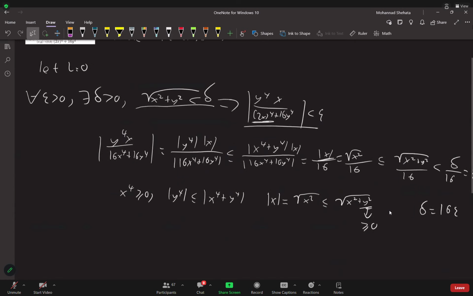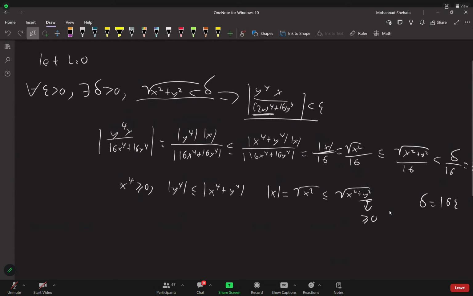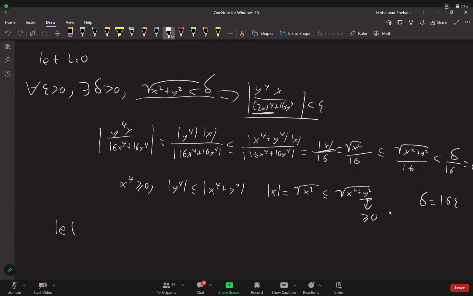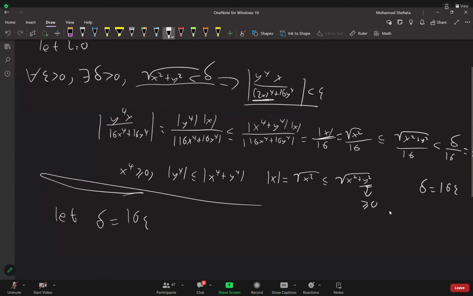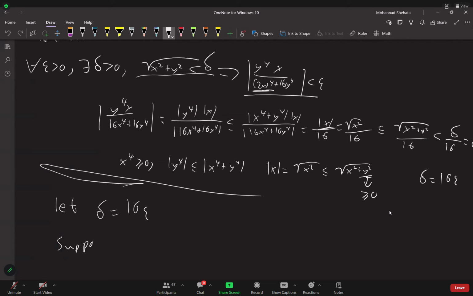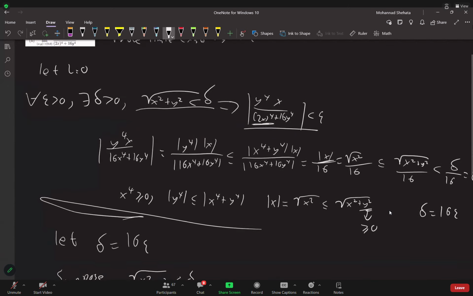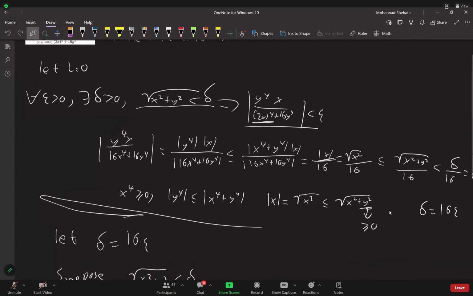Now, this is the aside. How you'd go over your proof would be to say, after you do this aside, that delta is equal to 16 epsilon, and suppose the square root of x squared plus y squared is less than delta, and you largely do the same exact steps over again.